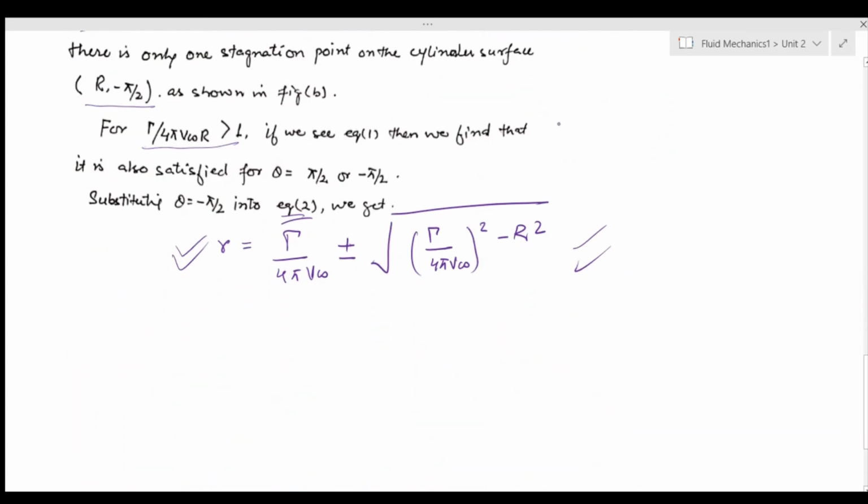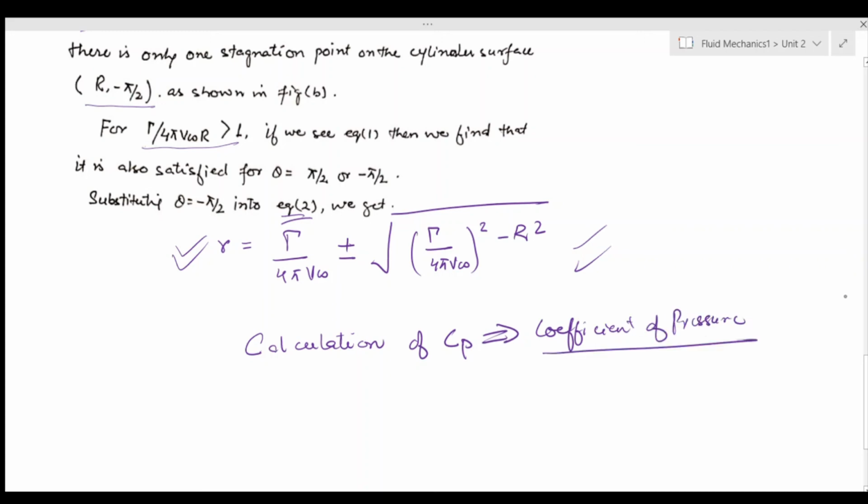So this is something about lifting flow over a circular cylinder. Now there is one part of unit 2 which I have left, and that part is the calculation of Cp, where Cp is the coefficient of pressure.